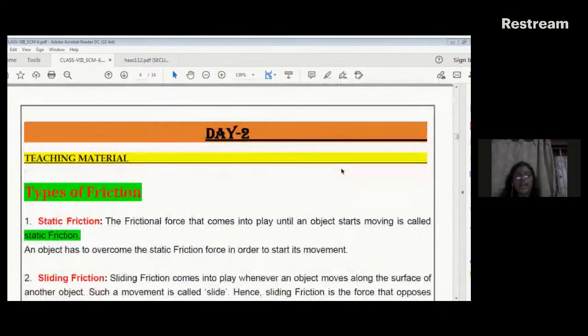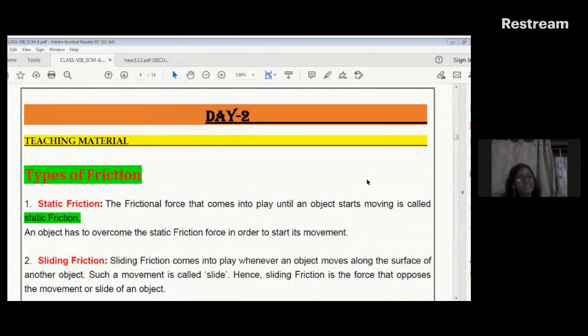Next comes sliding friction. Now what is sliding friction? Let me tell you. Sliding friction comes into play whenever an object moves along the surface of another object. Such a movement is called a slide, and hence sliding friction is the force that opposes the slide of an object.